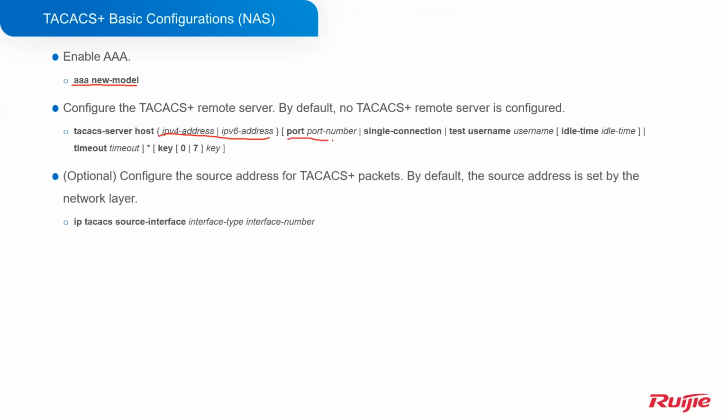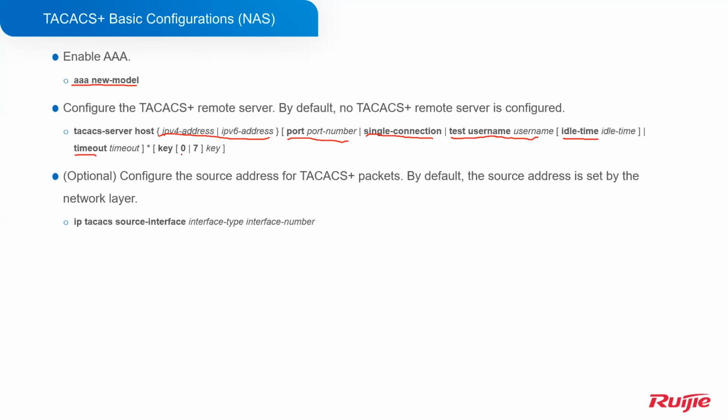Next is the port number you use. And if it's a single connection, you just need to use the command single-connection. And the test username is the username which you use to test. Okay. And the idle timeout is a period, right? It's 2 timers.